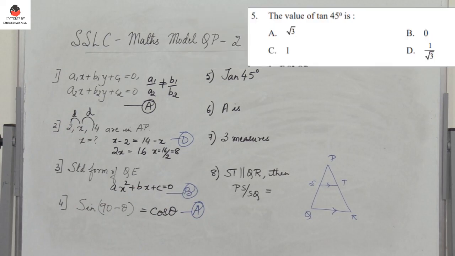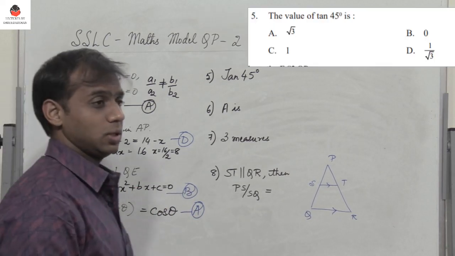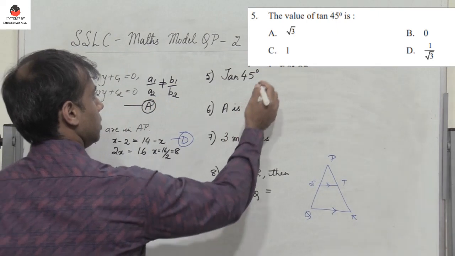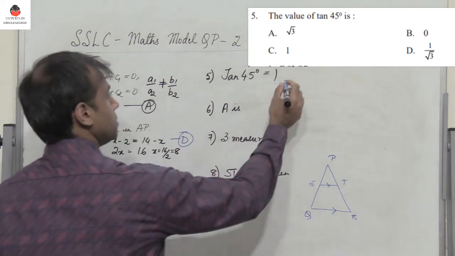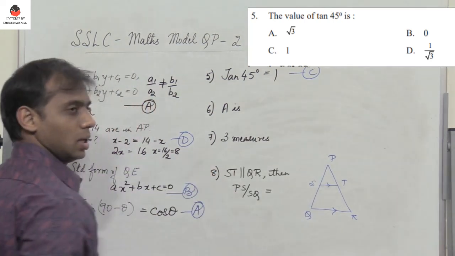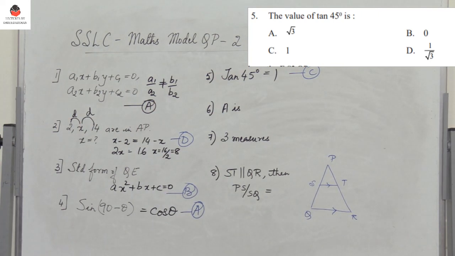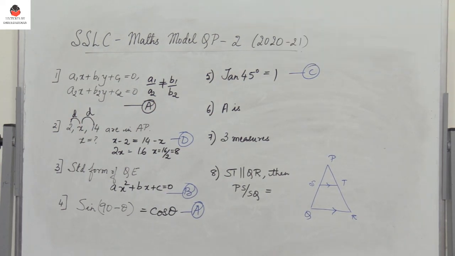The next one, tan 45. We know that tan 45 is 1. Very easy. Among all 4 options, you have 1 for option C. Then question 6.